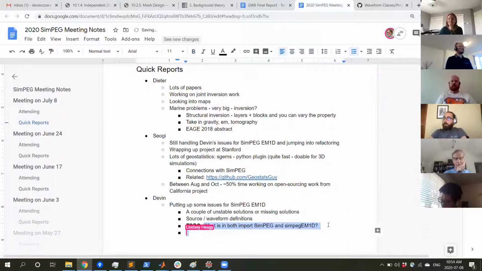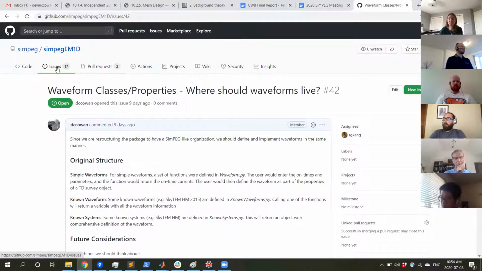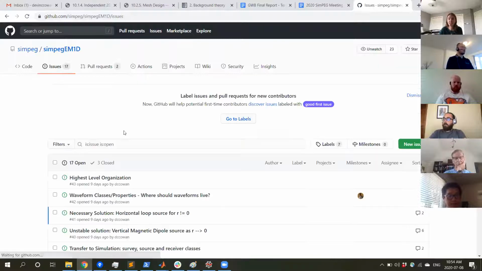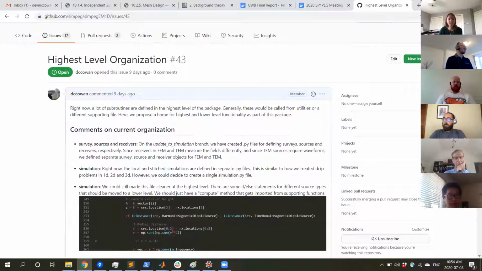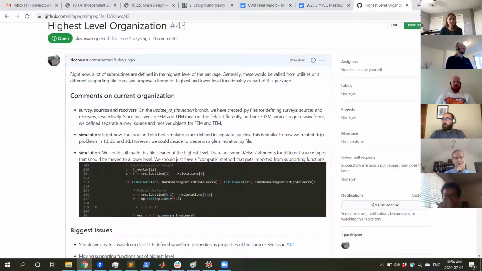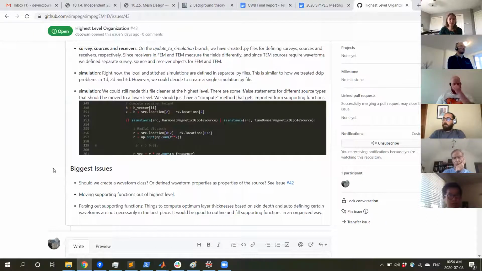Yeah, and so I think there was that, and then was there another thing that's worth mentioning at this point? Yeah, I had some comments on highest level organization, but I think we can fix that afterwards. A lot of it was making this waveform class and trying to move supporting functions out of the highest level.